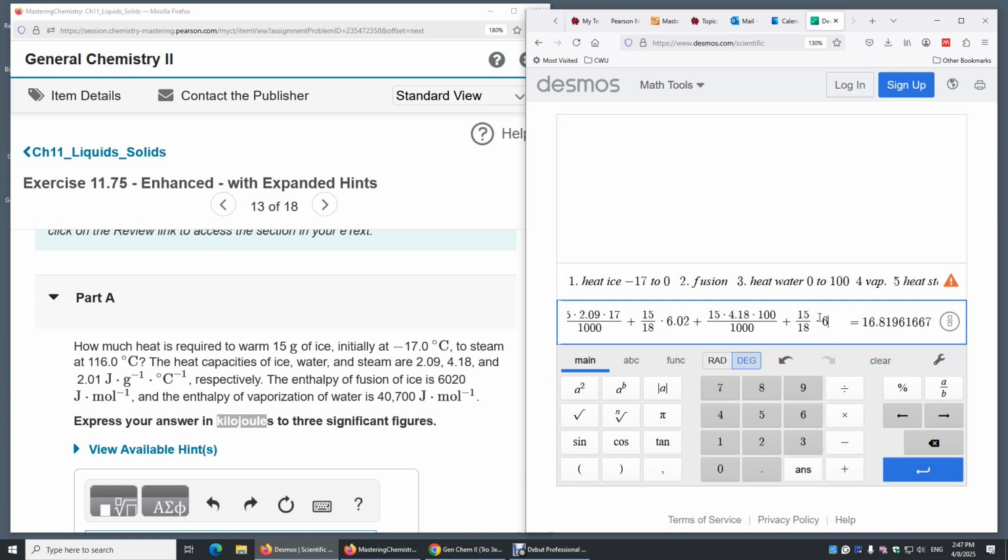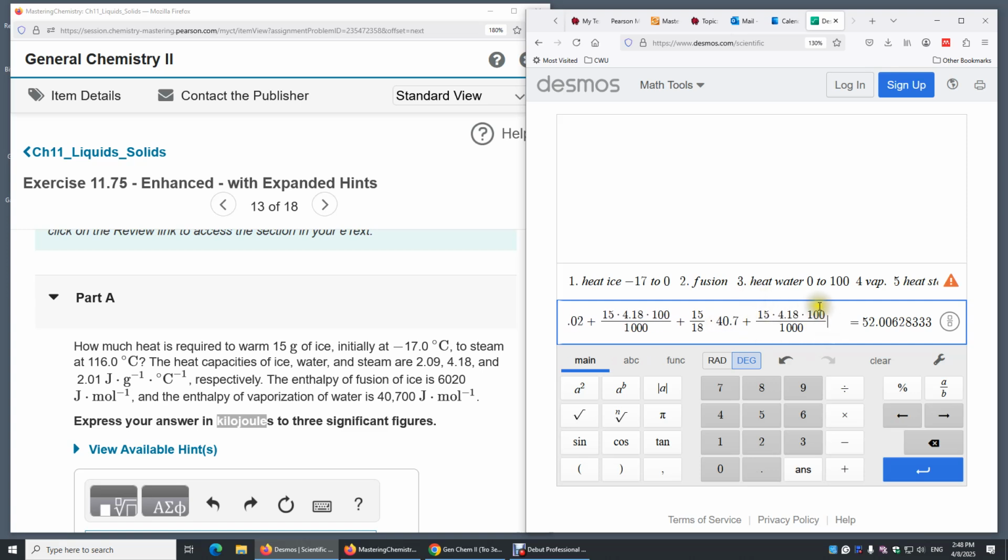So we need to change this to 40.7. It comes from this number. This is in joules. We need to convert it to kilojoules. Alright, and finally we'll heat up the steam. To heat up the steam, we use the specific heat of water steam.